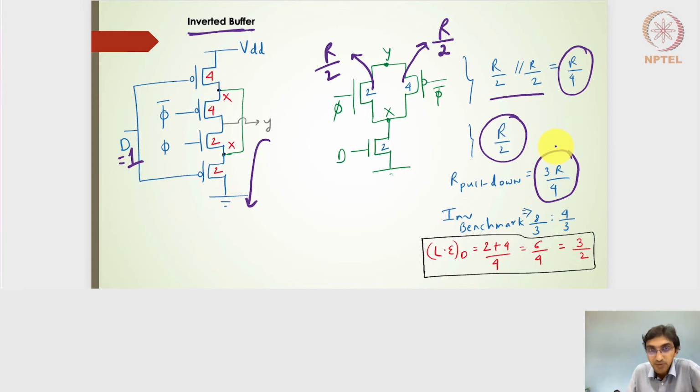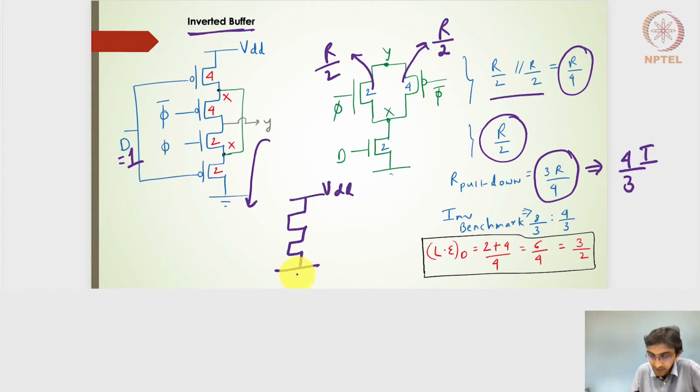If I have 3R by 4 for this circuit design, what should be my benchmark inverter? 3R by 4 gives me a current of 4 by 3 I. So I need a benchmark inverter which gives me 4 by 3 I, just to find the logical effort. I'm drawing an inverter wherein the falling current should be 4 by 3 I and the rising should also be 4 by 3 I. So the widths of the benchmark inverter will be 8 by 3 and 4 by 3.